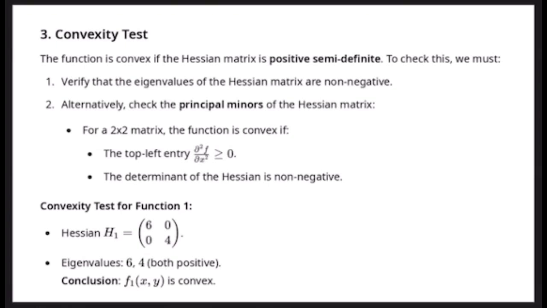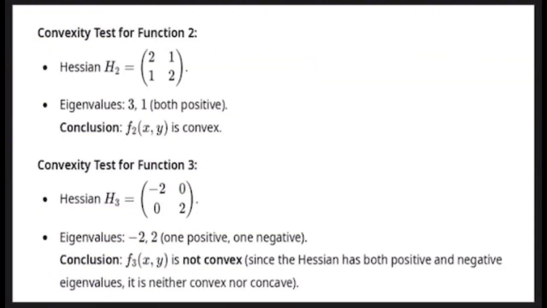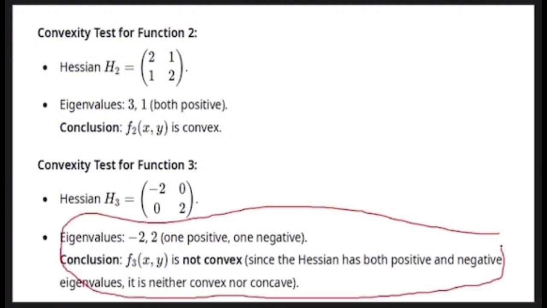Of course, we all see when you take a look at this one now, that was what I said. The eigenvalues are both positive. Then the conclusion is that it is going to be convex. You can see I said f of x, y is convex. Look at this one: 3 and 1, convex. But look at what I said about -2 and 2. I say it is not convex.